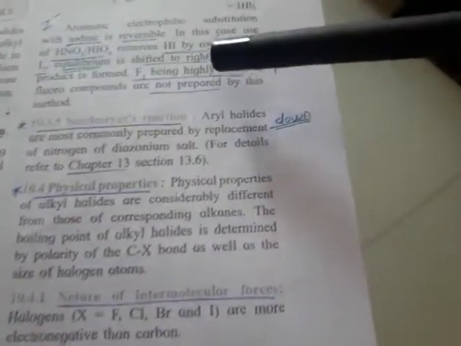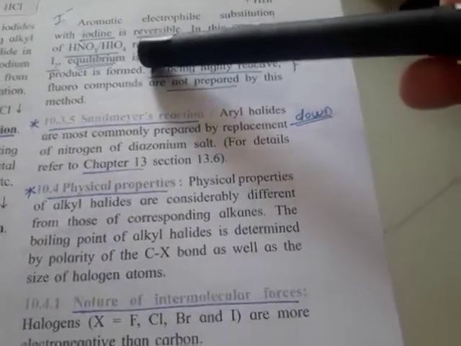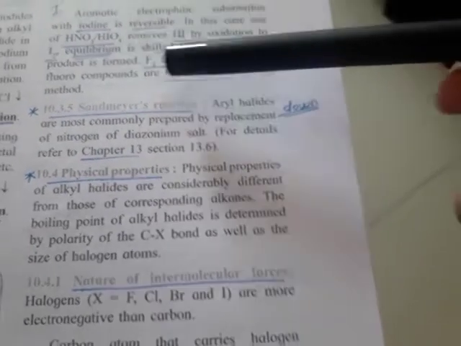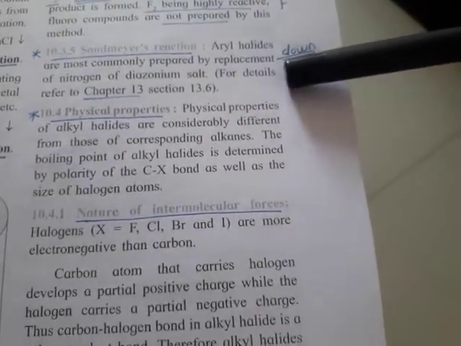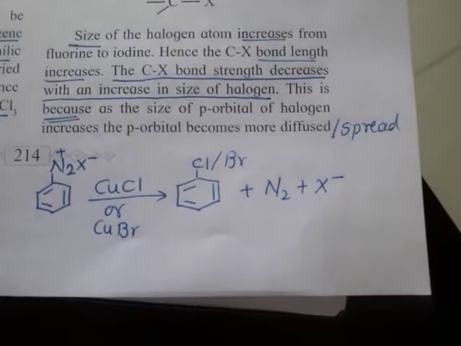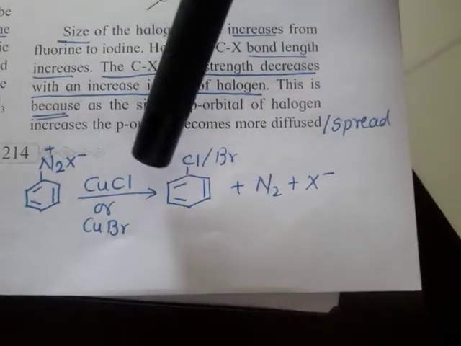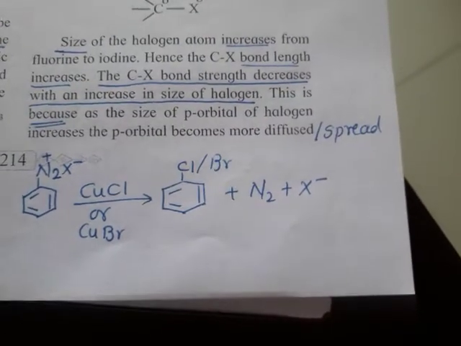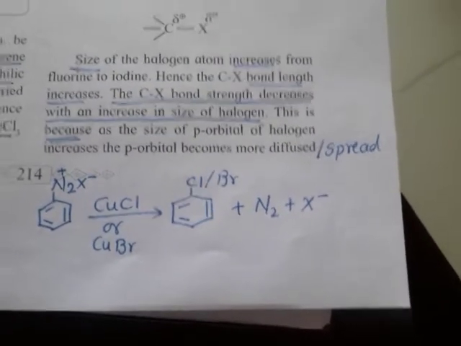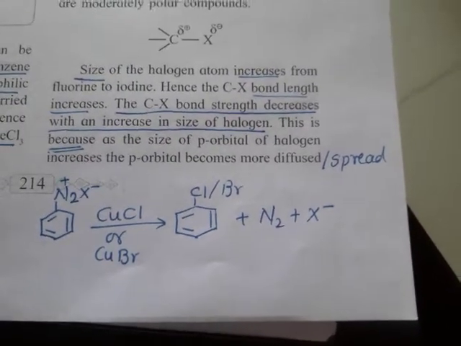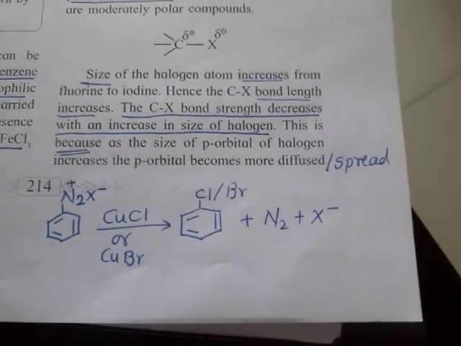If it is iodination, then we have to use suitable oxidizing agent like HNO3 or HIO3. Fluorination is not possible, and Sandmeyer's reaction is given here, that is used to prepare aryl halide, and starting substance used in this reaction is diazonium salt reacts with cuprous chloride or cuprous bromide to form chlorobenzene or bromobenzene. Iodobenzene and fluorobenzene are not prepared by Sandmeyer's reaction. Note this point, very important.